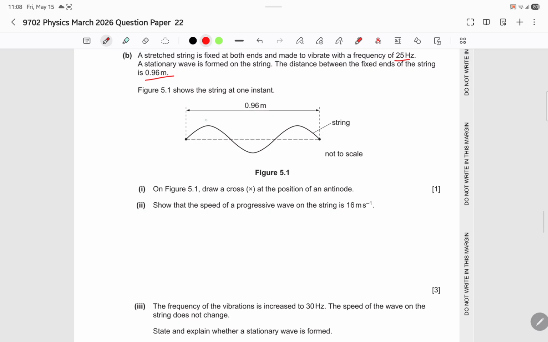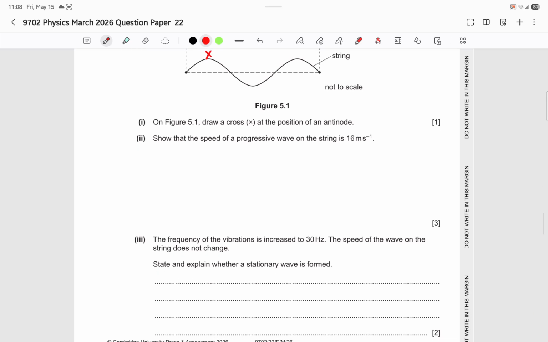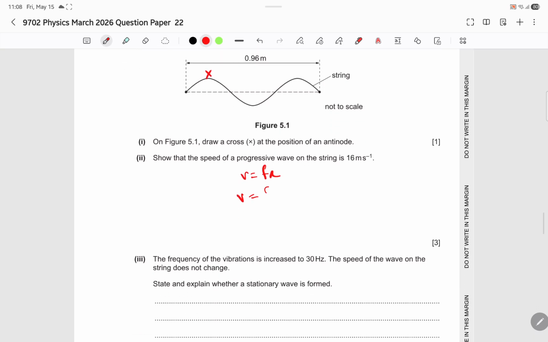So either you can draw it here or here, it doesn't matter. Anything works. Now, show that the speed of a progressive wave is 16 m/s. The formula for this is v equals f lambda. Lambda is the wavelength, f is the frequency, and v is the velocity, or the speed. The frequency we know is 25, but what about the wavelength?